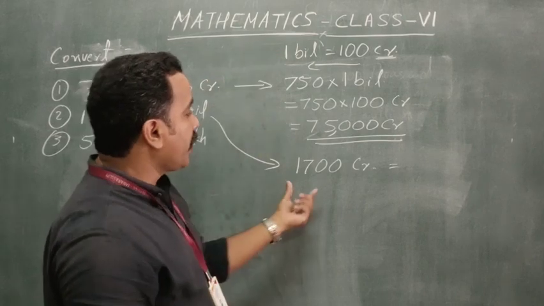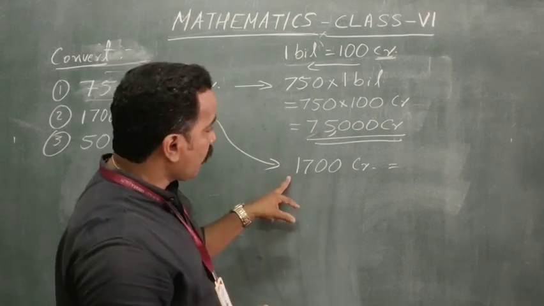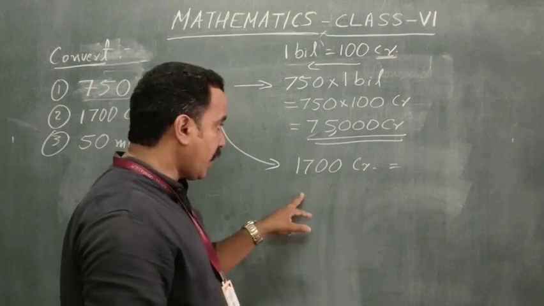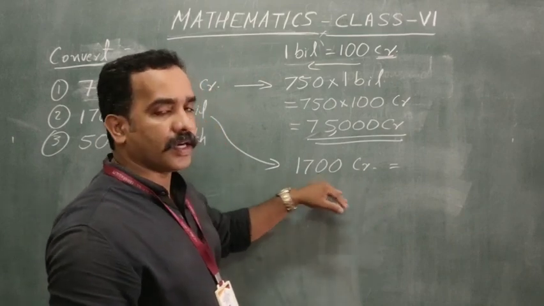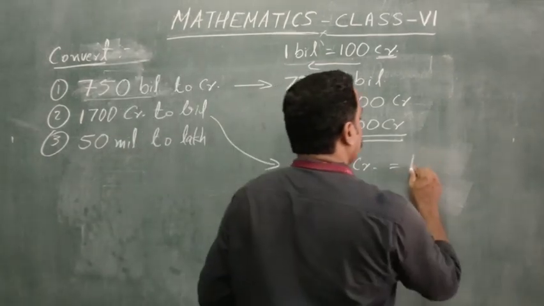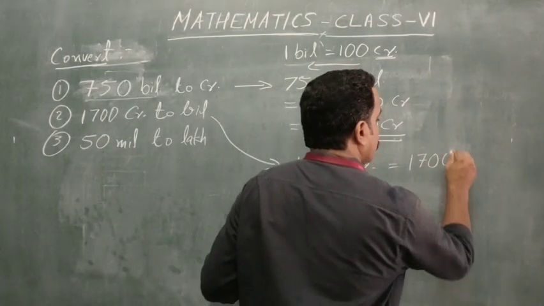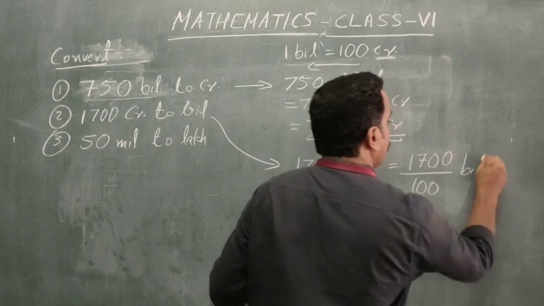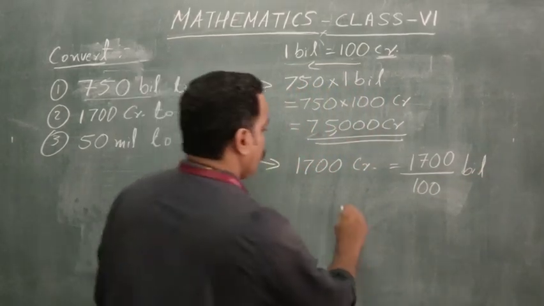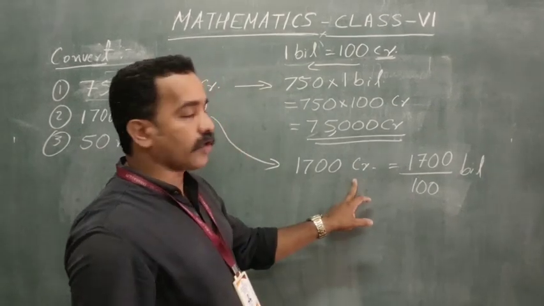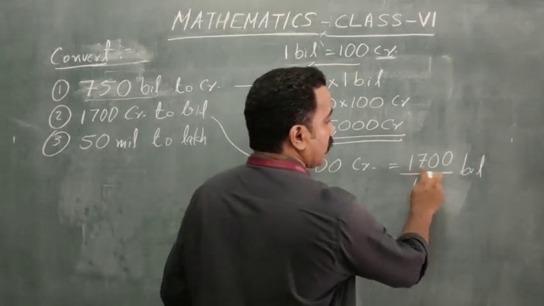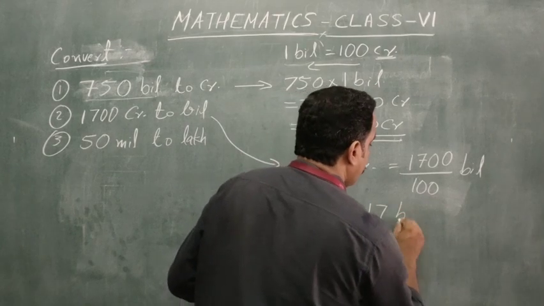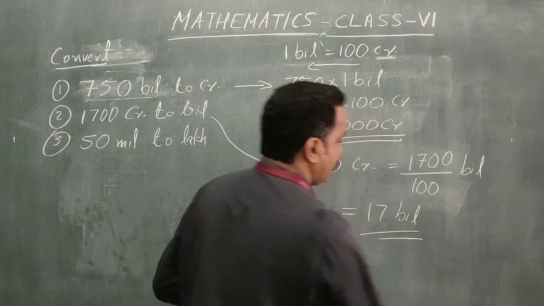Understood? So what we have to do is divide 1700 by 100. So 1700 crore is equal to 1700 divided by 100, that is 70 billion.